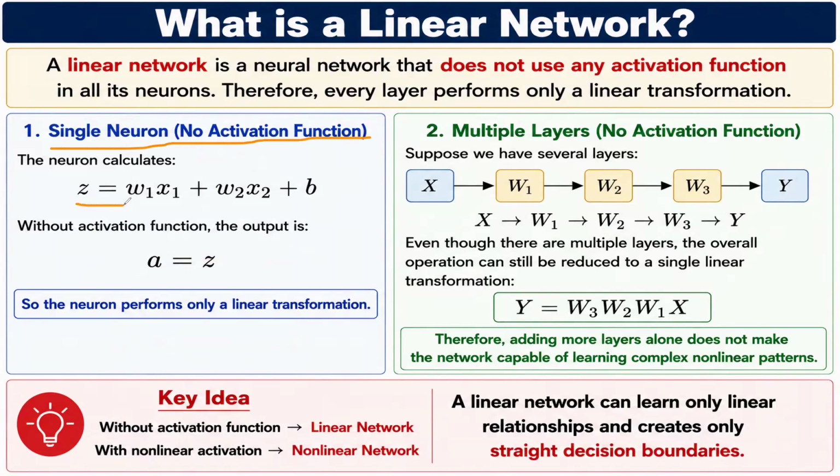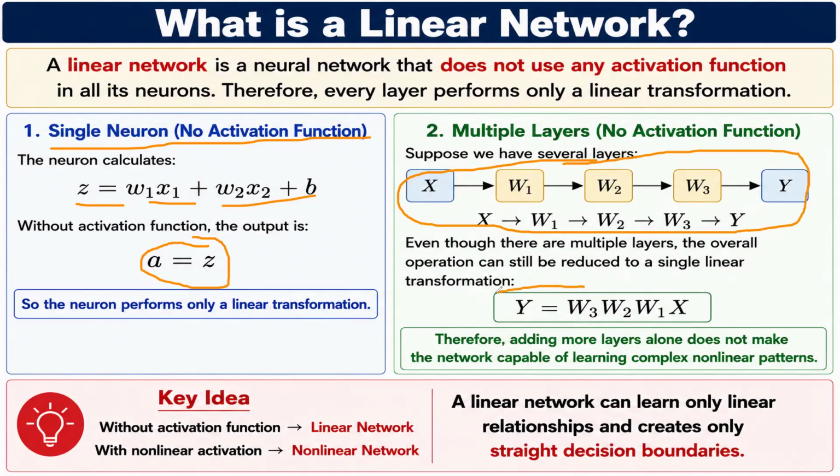Here the neuron calculates W1 x1 plus W2 x2 plus B, so without an activation function, the output will be simply Z. If there are multiple layers and no activation function, you can write it as Y is equal to W3, W2, W1 into X. So without an activation function, it is a linear network, and with a non-linear activation, it is a non-linear network.